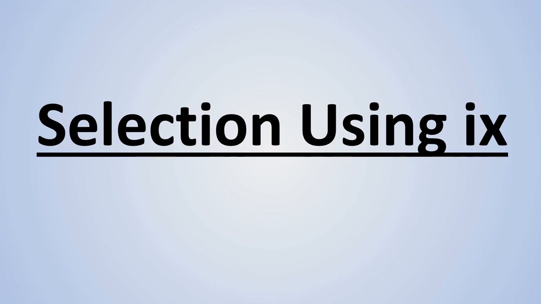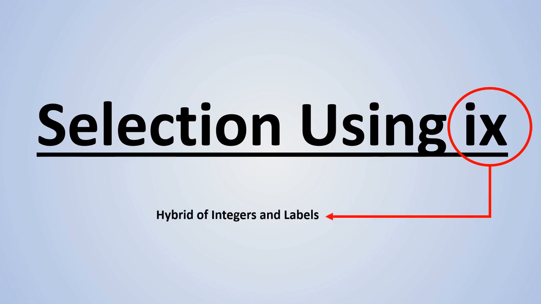Selection using ix. Let's understand the ix. Here ix is nothing but a hybrid of integers and labels. Now the problem is previously it was available in the pandas data frame, but now it has been deprecated. Let's have a look at its official documentation.